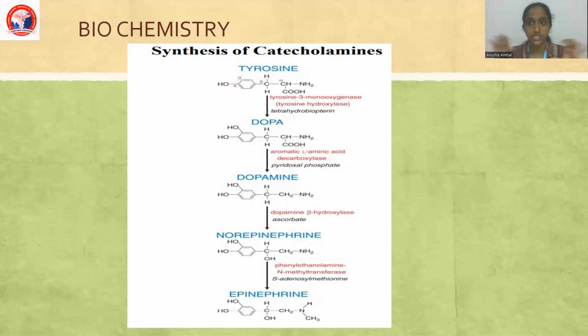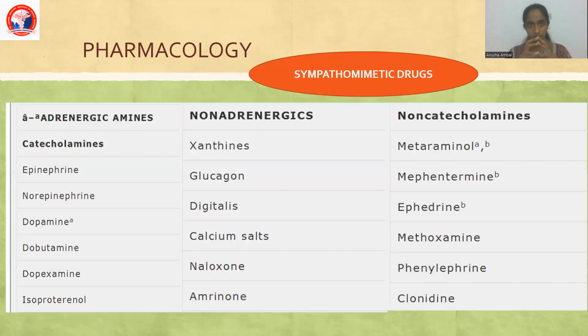So your first year subjects, everything we have now completed. We have seen the anatomy, the physiology, the biochemistry of the autonomic nervous system. Now we are coming to the second year, third year topics, the pharmacology. First year subject is over.